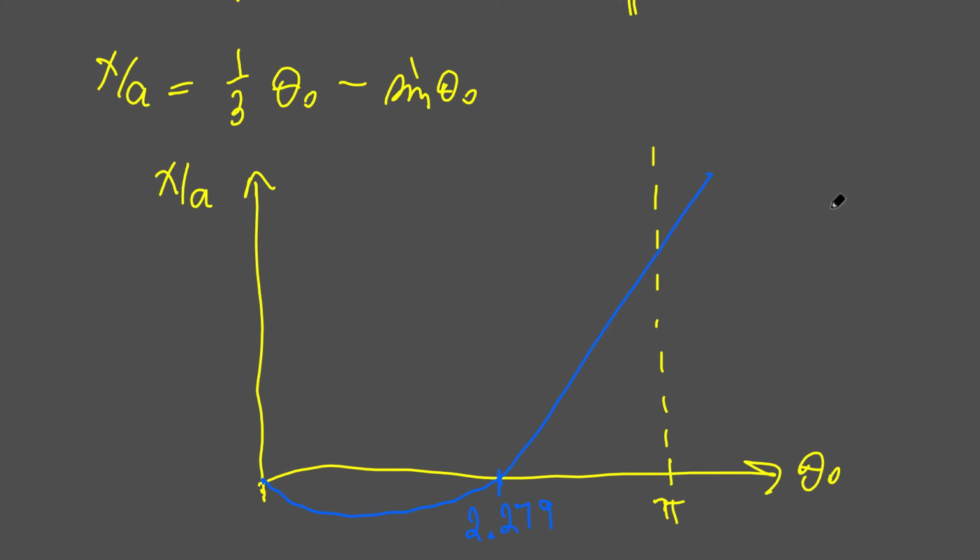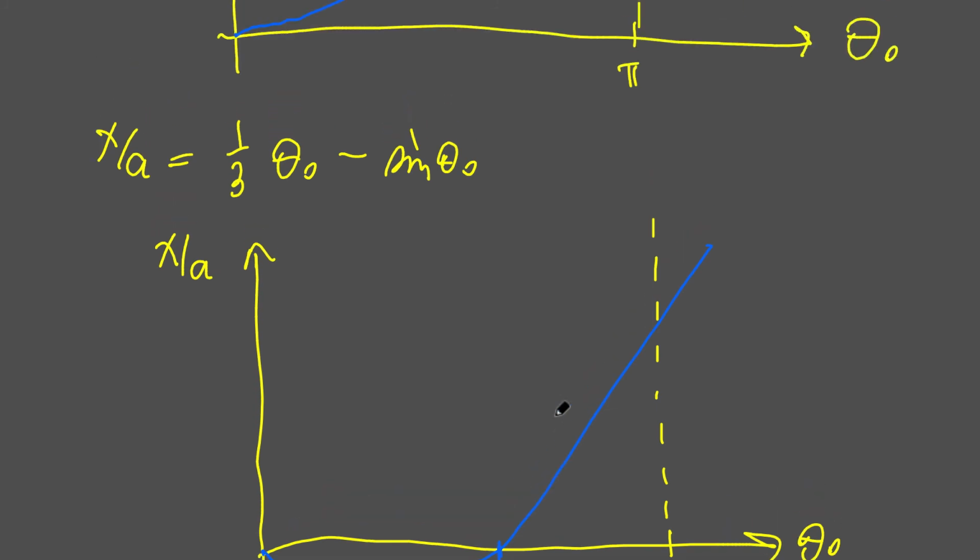Now we can read off from the graph the behavior of the pencil. If theta naught is greater than 2.279, then when the tip reaches 0, x is positive, which means that the pencil completely misses the table.